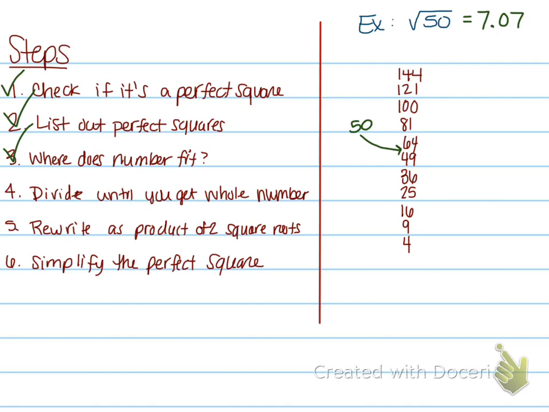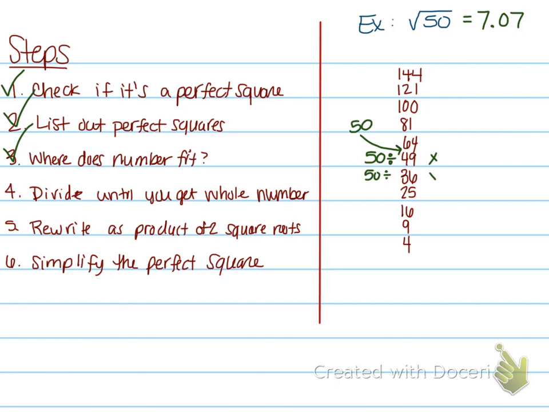Next, I'm going to divide, starting with the next number, so the number right below it. I'm going to keep dividing until I get a whole number. So in my calculator, I'm doing 50 divided by 49. And I see I get a decimal. So I'm going to move on. I'm going to do 50 divided by 36.